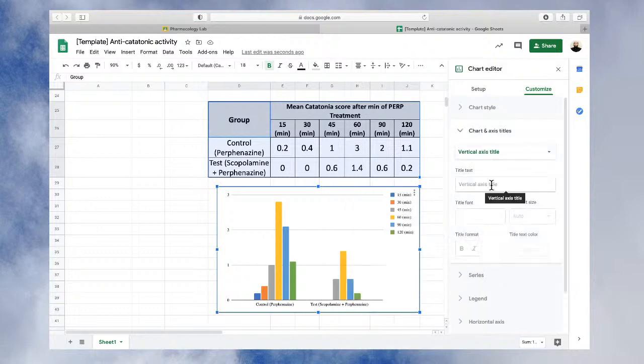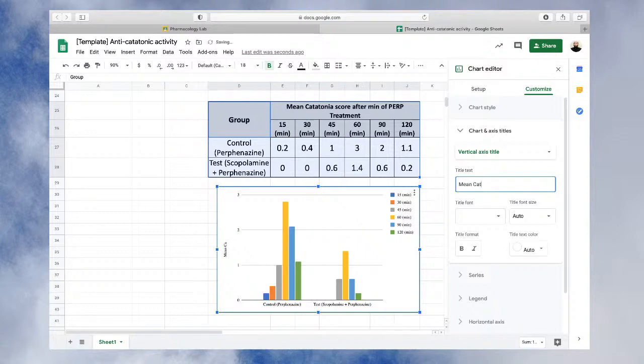When I select the vertical axis, it will show this portal where I can add the title text for the vertical axis. So what should the y-axis be here? The y-axis must be mean catatonic score, okay.